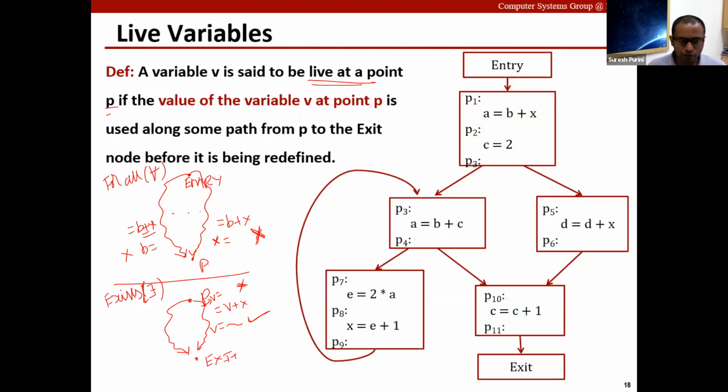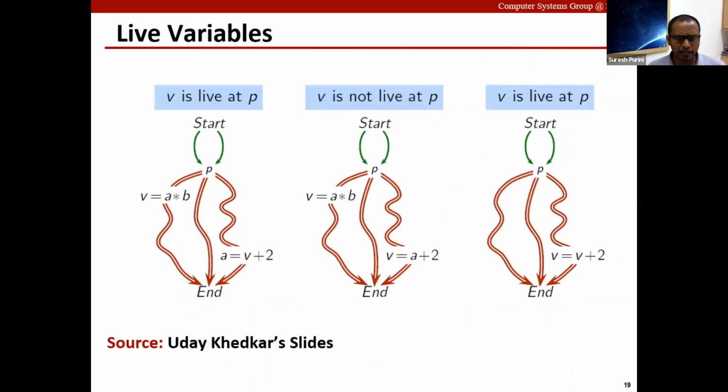So let's look at one more example, and then we will analyze the control flow graph that we have before. So here, this is the entry node and this is the exit node. We are considering whether a variable v is live at the program point P or not. In this first example, the variable v is live at the program point P because along this particular path, v is used on the right hand side before it is being defined.